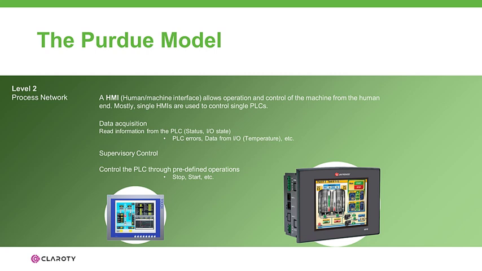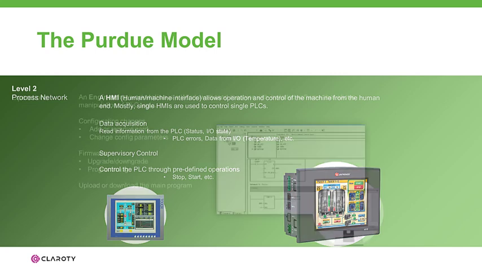The HMI reads information like device status, I/O state, control data like temperature readings and PLC errors, and can issue commands that trigger predefined operations like starting and stopping field devices. In that respect, a single HMI is usually configured to control a single PLC. HMIs are usually also able to do data acquisition from PLCs.